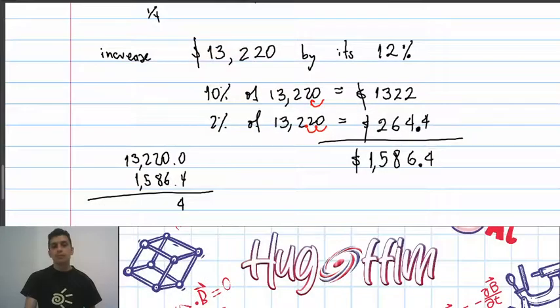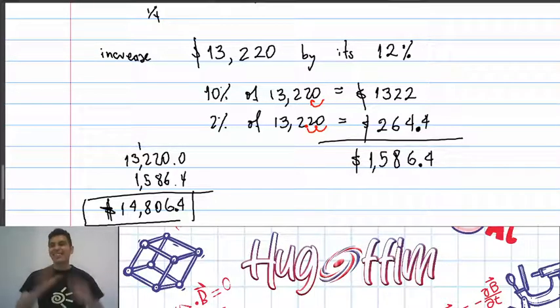I'm going to do it quickly here. 6, 8 and 2, 10, 5 and 2, 7 and 1, 8, and finally 3 plus 1, 4, and it will be 14,806.4.